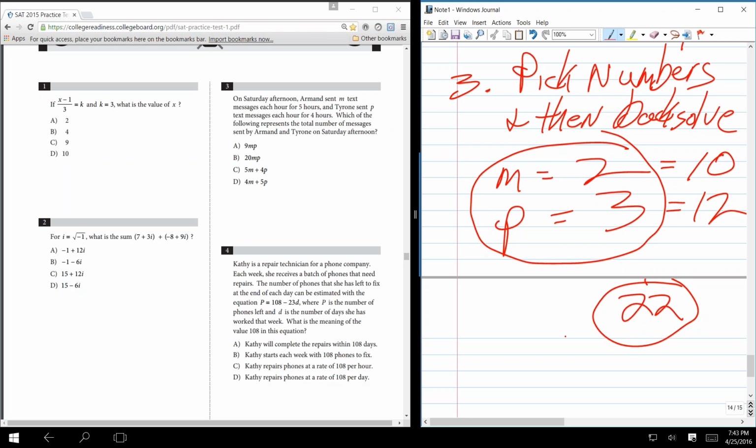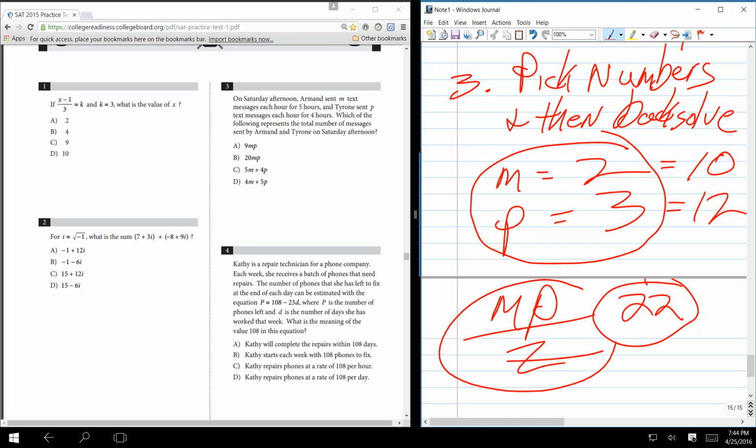And it's pretty valuable when you have like 2 multiplications and a division, so that your answer might be MP divided by Z, something like that. It's really hard to do that without picking numbers and back solving.